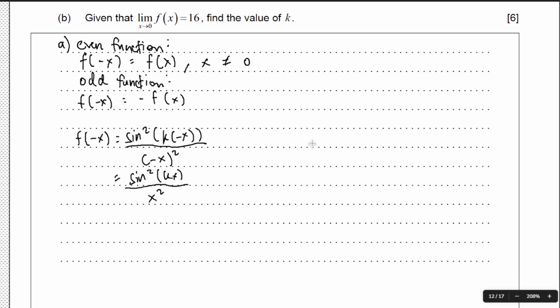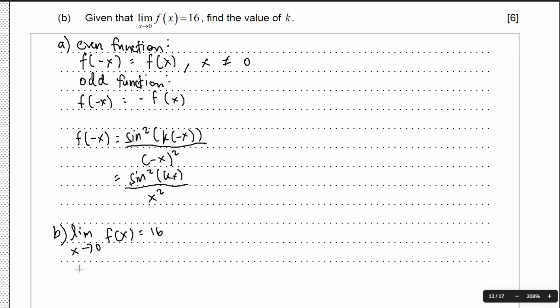For our next one, it would be a limit question. Okay, so for part B, we have the limit as x goes to 0 of f of x equals 16. So our f of x is sine squared kx over x squared.